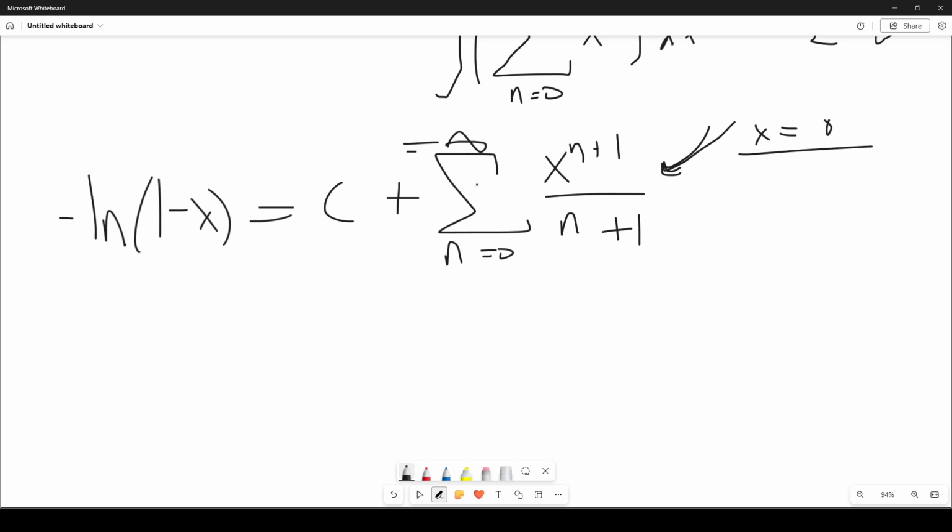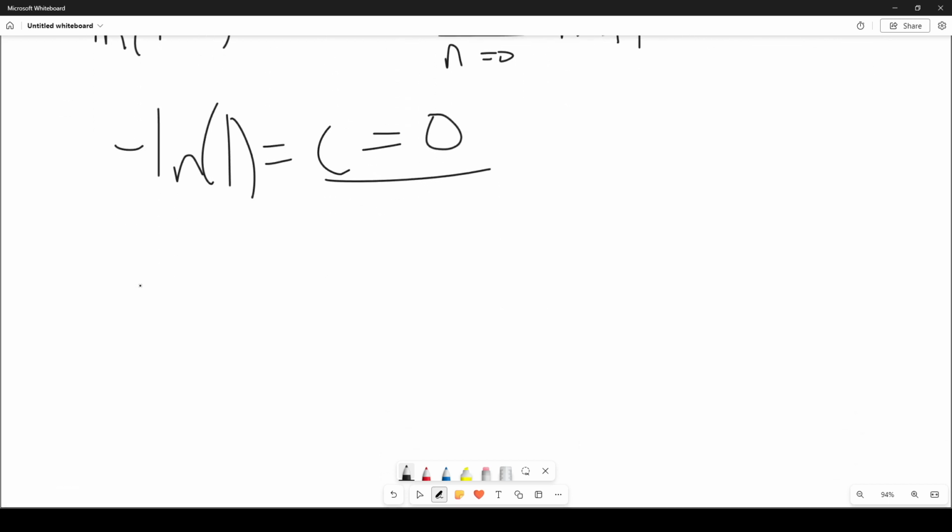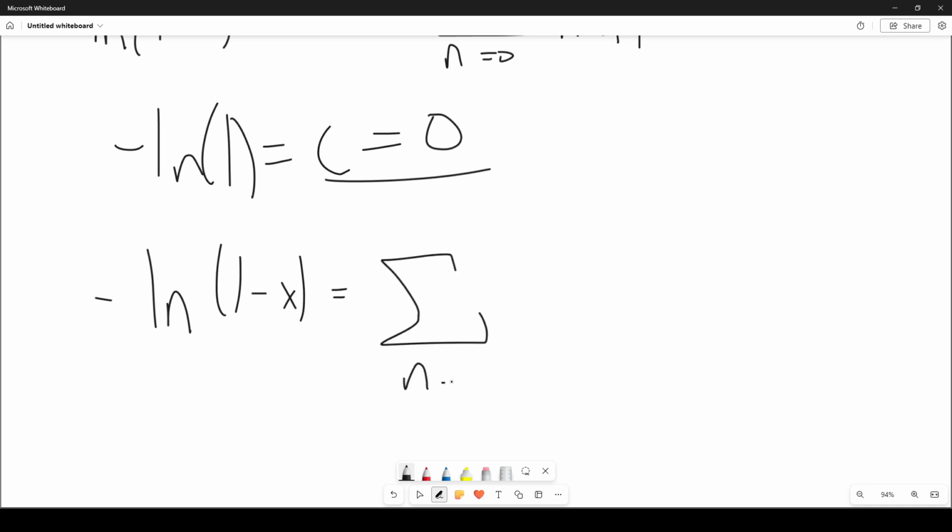And we simply get that negative ln of 1 equals c. But ln of 1 is 0, so we just get c equals 0. Thus, we notice that negative ln of 1 minus x simply equals the sum from 0 to infinity of x to the n plus 1 over n plus 1.